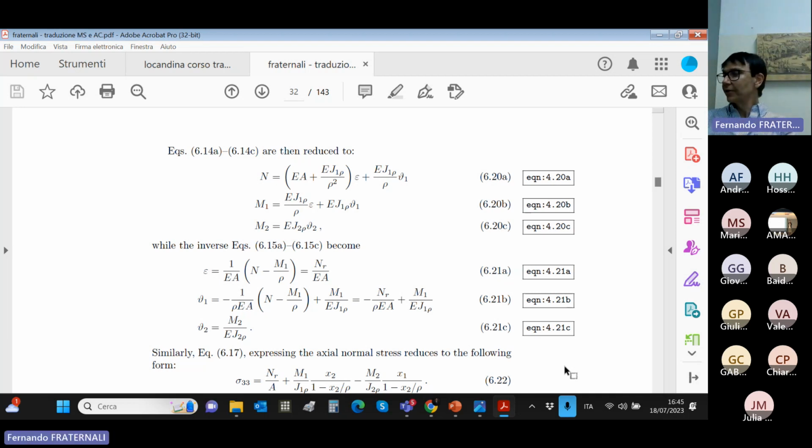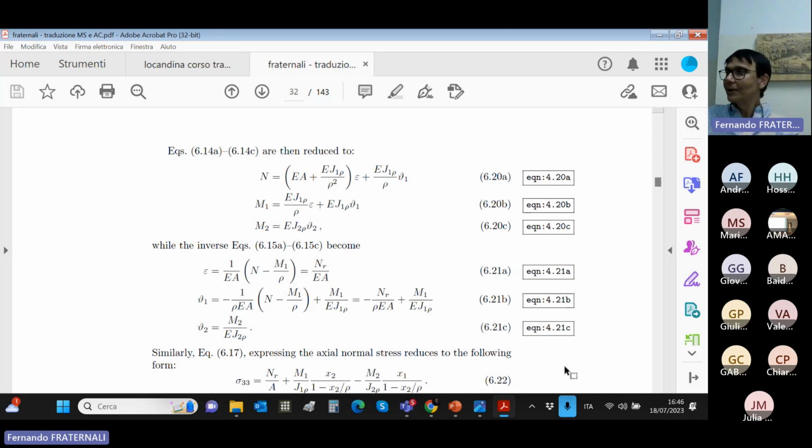We can also use this theory for studying the stresses in some mechanical pieces. For example, in hooks, if you want to study the stress distribution in a hook used for hanging loads, that would be a beam with a strong curvature.